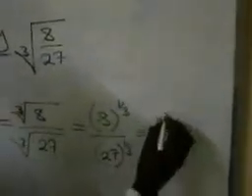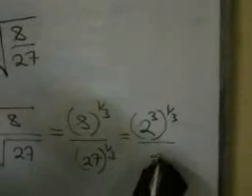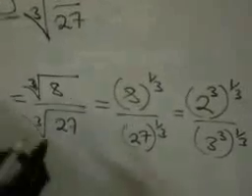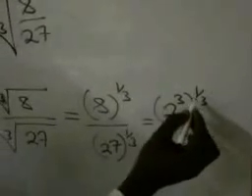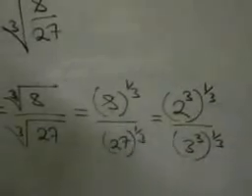But what is 8? 8 is the same as 2 power 3, power a third, divided by 27, which is the same as 3 power 3, power a third. So now, in solving that further, when you have two powers, you just multiply them.